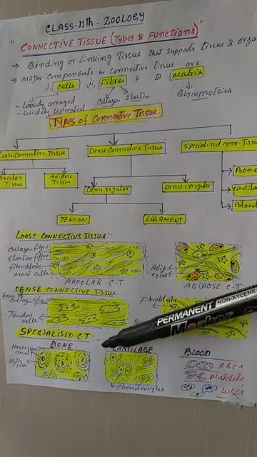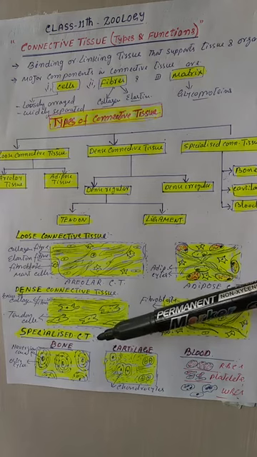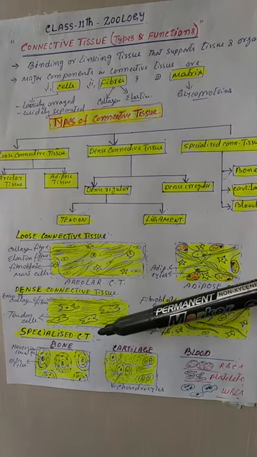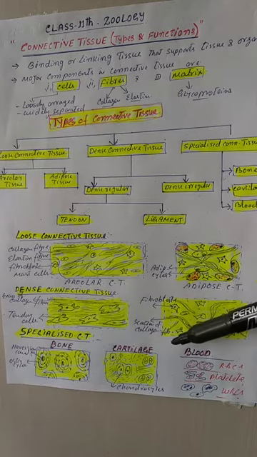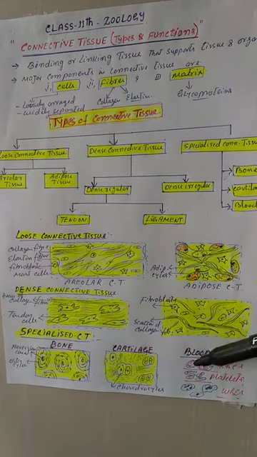Lastly, the cartilage cells are called chondrocytes and are lodged in the cavities or spaces called lacunae in the matrix, like in bones.